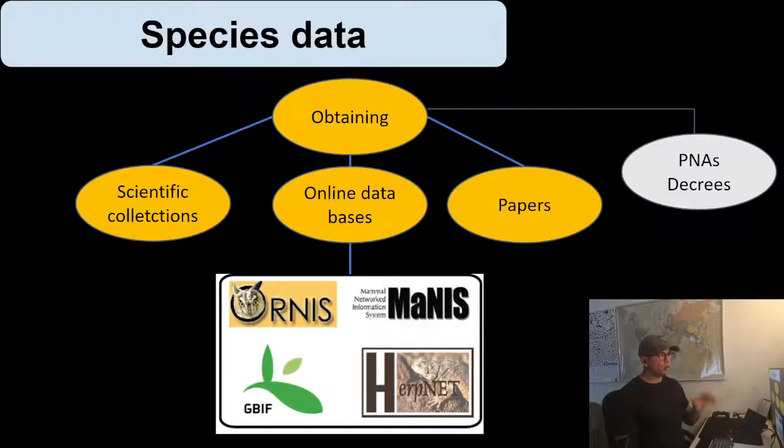And online databases, especially GBIF, those are correct. But it is also important we keep going into the local data collections, in this case scientific collections, because sometimes research institutions forget to publish this kind of stuff, or they don't have the habit. So that's basically the way that the species were treated.